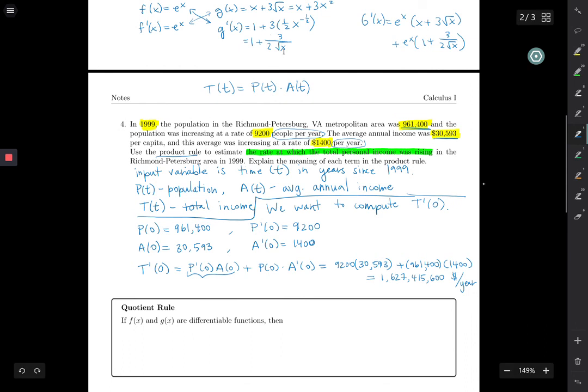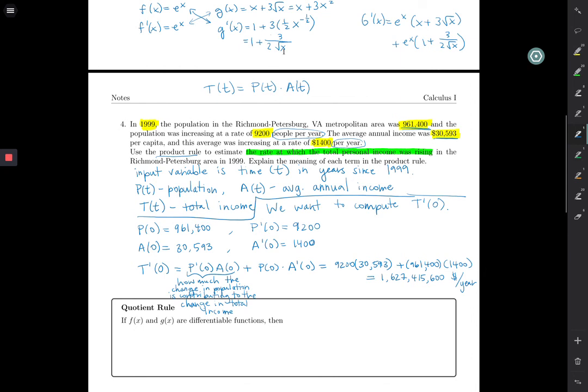So this value, when we multiply these two things together, is telling us how much the change in population is contributing to the change in total income.